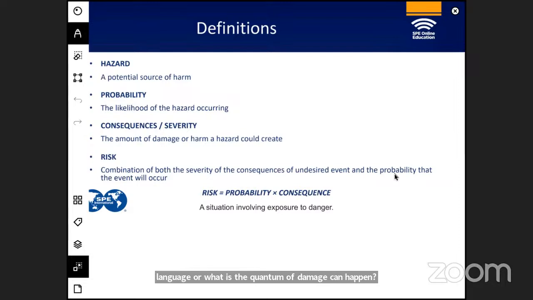And the definition for risk is a combination of both the severity of the consequence of the undesired event and the probability that the event will occur. So in very short form, risk is probability into consequences. So we see how probable that event is, and how big an impact it will make if that event happens, if that failure happens. So in very short words, a risk is a situation involving exposure to danger.